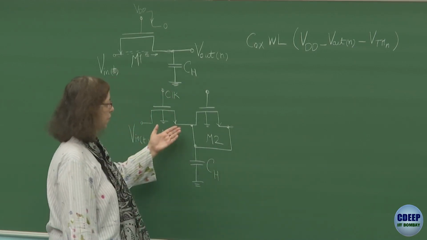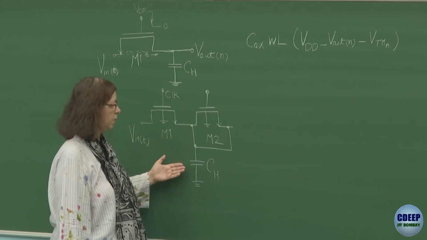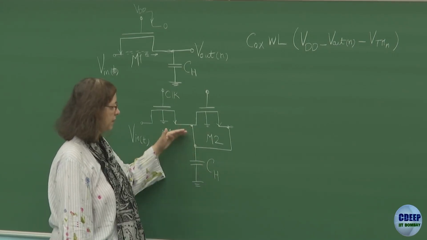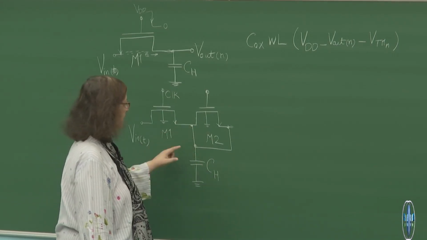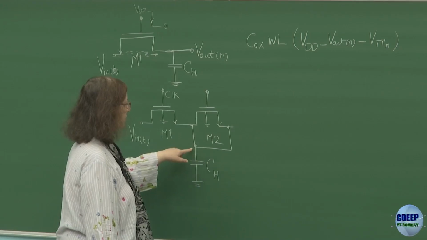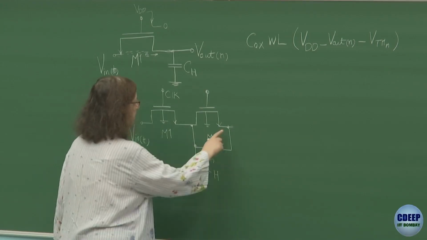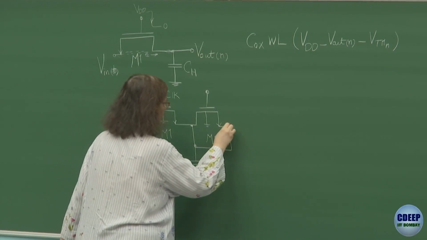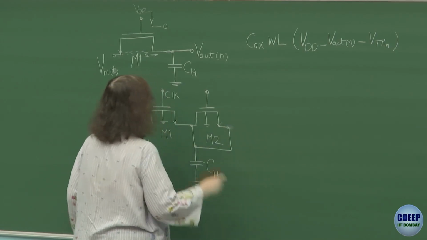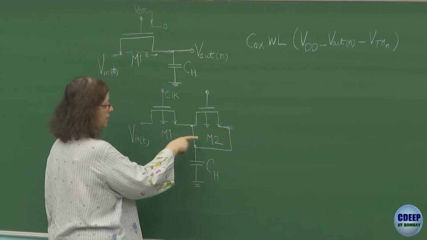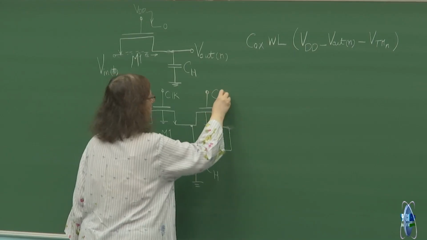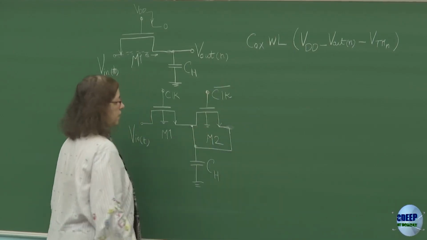So we can show the diagram this way, or we can turn M2 and make it a parallel element, because the drain and source of M2 anyway are shorted, as is clear in this diagram. So therefore, to turn on the transistor M2, we need to give the clock bar to the switch.